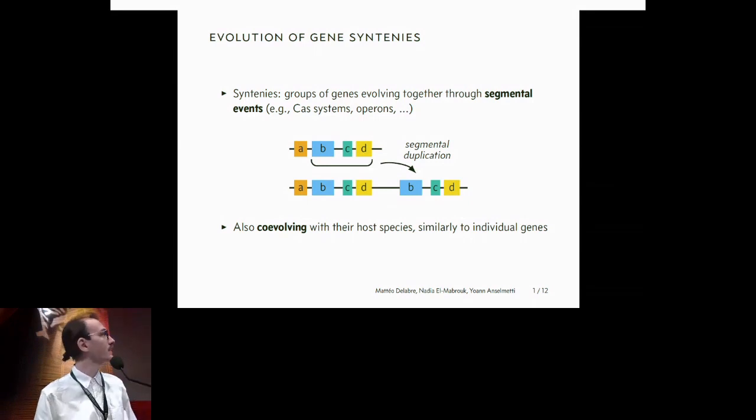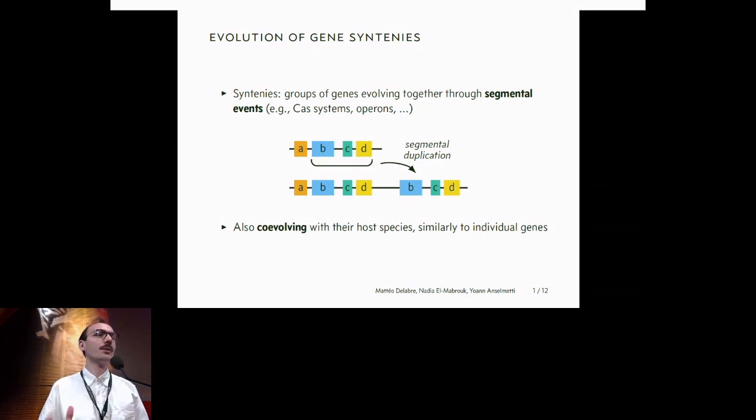In the simple example here, we have genes A, B, C, D, which are duplicated together in a new synteny BCD. The thing is that, as with individual genes, gene synthenies co-evolve with their species.